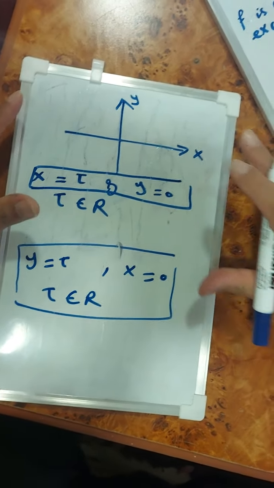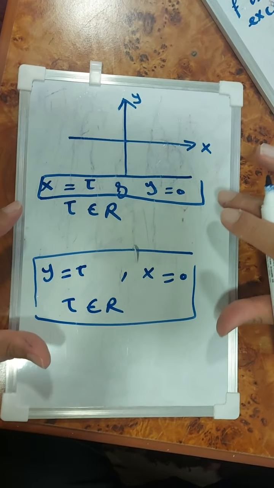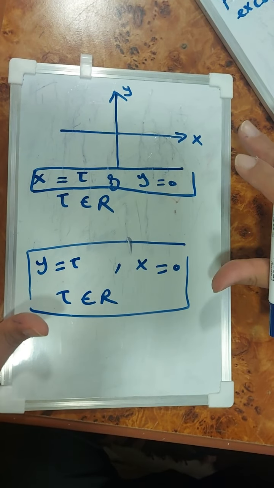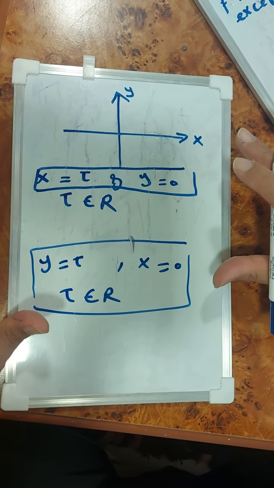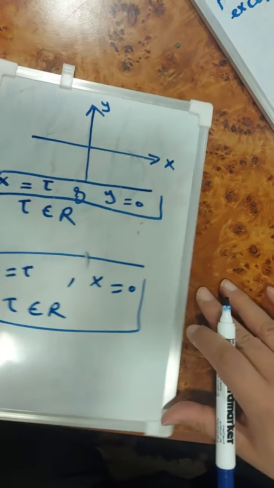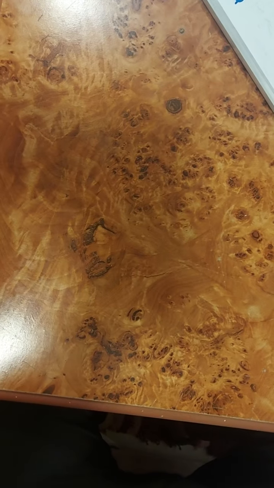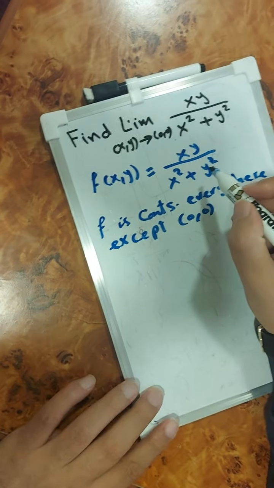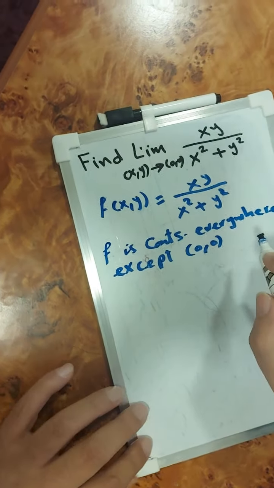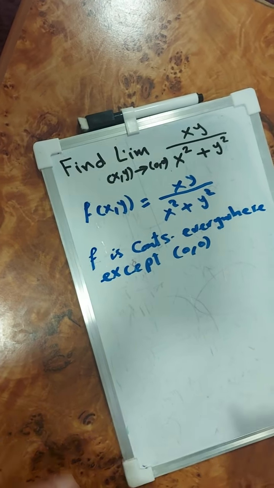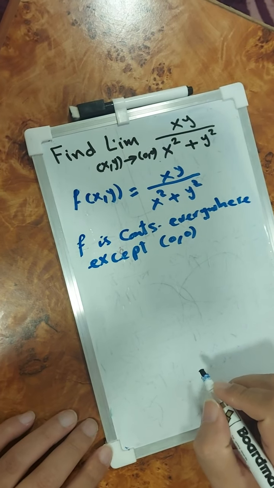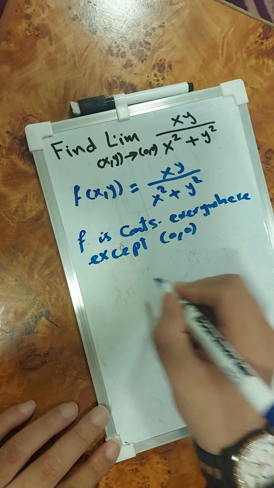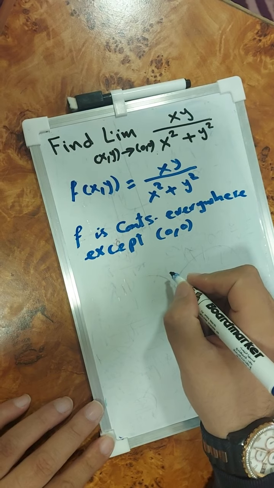Now we will use this fact to discuss the existence of this limit. If we try to evaluate this limit on the x-axis, for example, we will use the parametric equation of the x-axis.